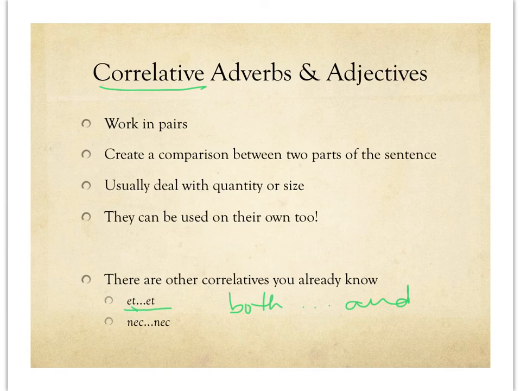Or if we use nec, which means neither nor. Nec canis, nec porcus, neither the dog nor the pig. In both of those cases, you can see that you're using them to compare two things that are related in some way. They're correlated, and so that's why we call these correlatives.